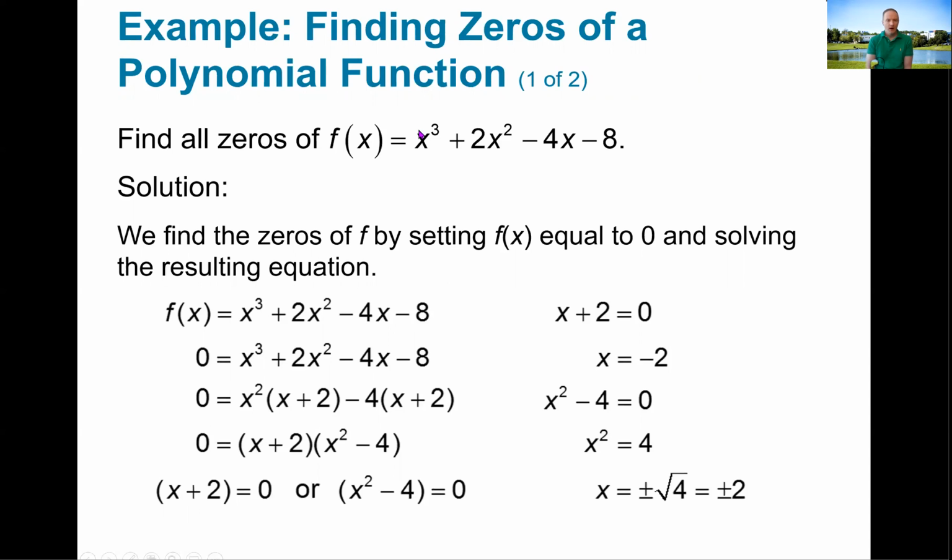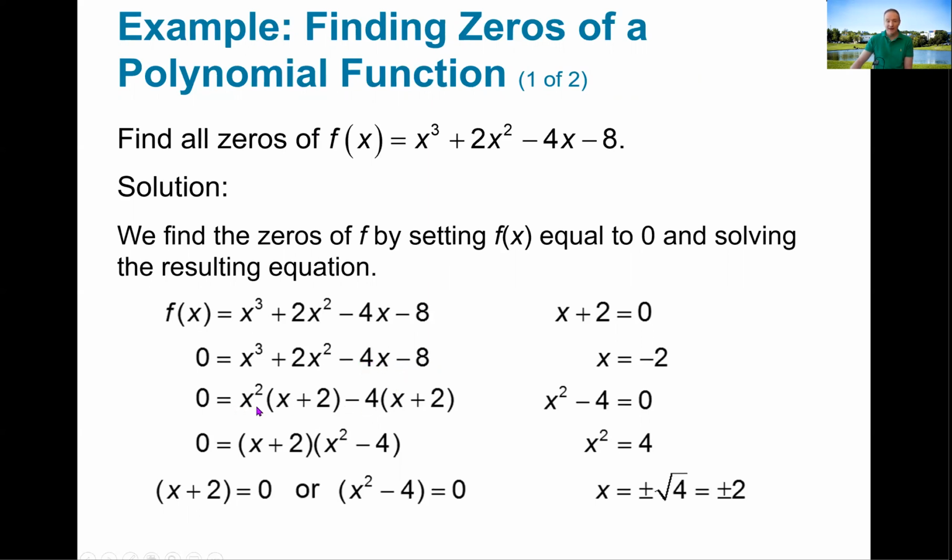Now, when I'm thinking about the x-intercepts here, I say, well, okay, the x-intercepts are the zeros. I have to set my function equal to 0 and factor. Anytime you have 4 terms, you should automatically think, ooh, factoring by grouping. I group the first 2 together and I pull out an x squared. I group the second 2 together and I pull out a -4.